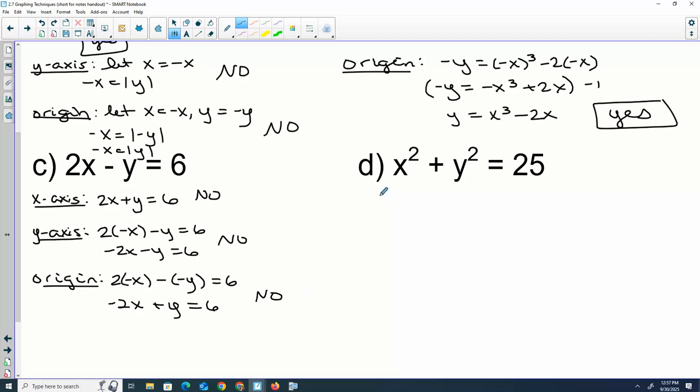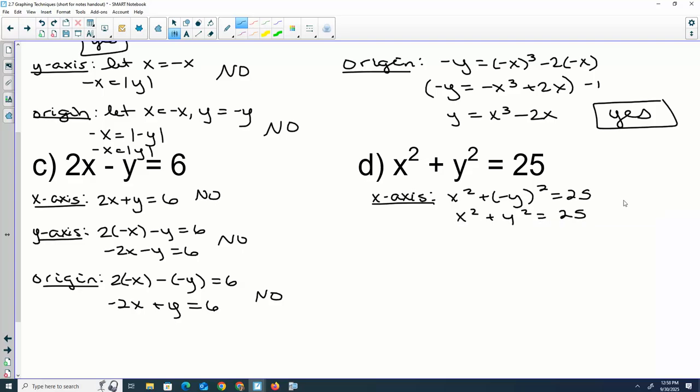If I look at the last one, to check the x-axis, you make your y negative. What happens if you square a negative? Negative y times negative y is positive y squared. And that's what I started with.